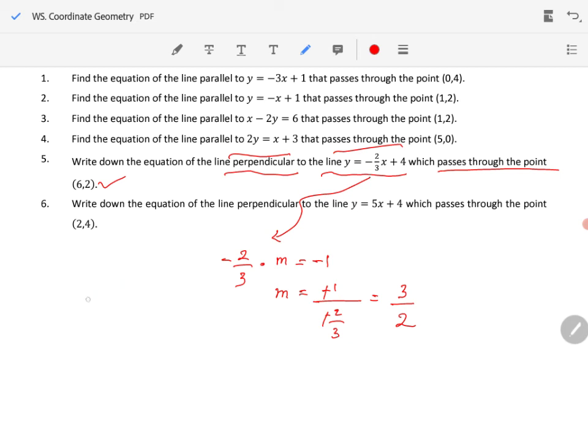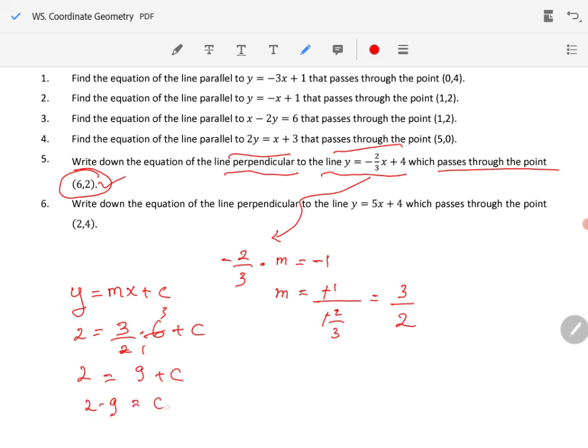What is the equation, mister? Same as before, you just need to write y equals mx plus c. What is the point? This is the point. What is y? y is 2. What is m? 3/2. What is x? x is 6, plus c. And 2, cancel, this is 3. This is 9 plus c. 2 minus 9 will be equal to c.